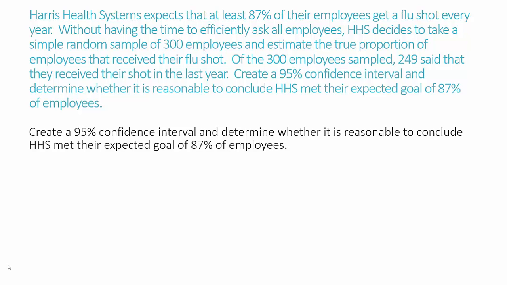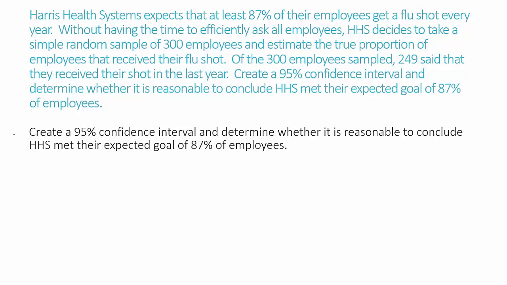Of the 300 employees sampled, 249 said that they received their shot in the last year. We are to create a 95% confidence interval and determine whether it's reasonable to conclude that Harris Health Systems met their expected goal of 87% of employees. So in order to create a confidence interval, we need to look at the formulas and what's required.